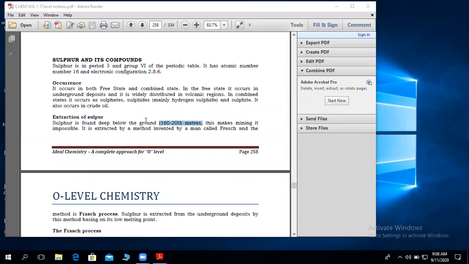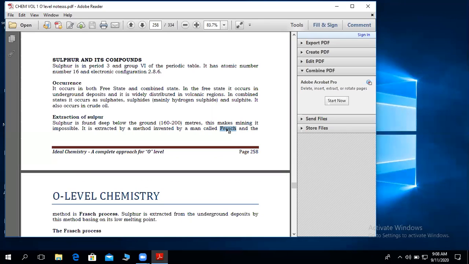So what do we do? We use other methods. The method which we use to extract sulfur was discovered by a man called Frasch. So this is the man who discovered the most appropriate method of extracting sulfur.